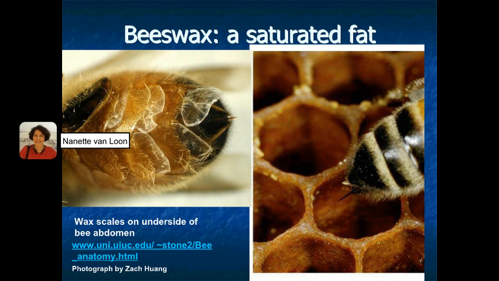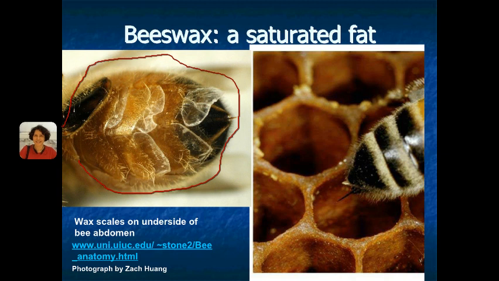The wax from a bee is another example of a saturated fat. In this picture here, a quite impressive picture, we see the underside of a bee, so the abdomen of a bee, and you see these small little sheets, transparent sheets of wax coming out of the bee's abdomen.